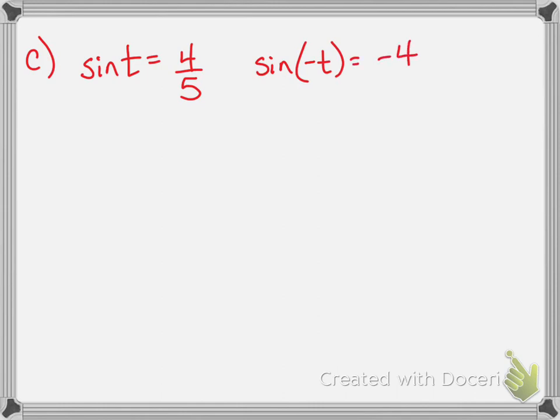C part says for sine of t equal to 4/5, sine of negative t equals negative 4/5. That's even and odd rules, because the function is odd.